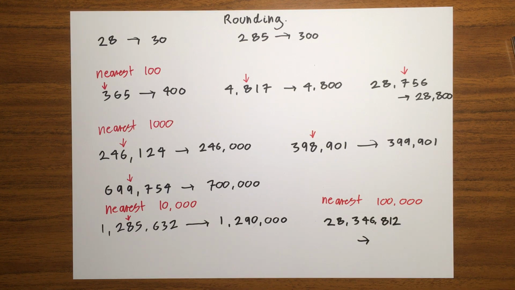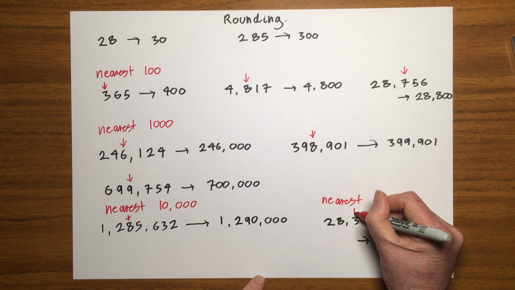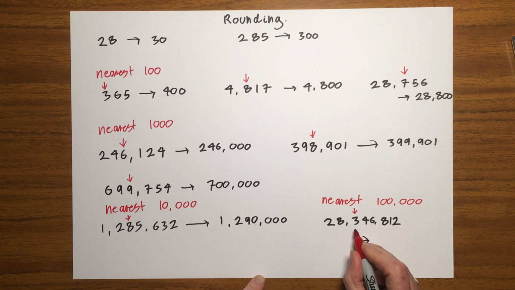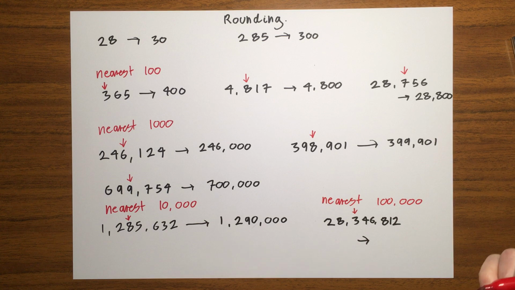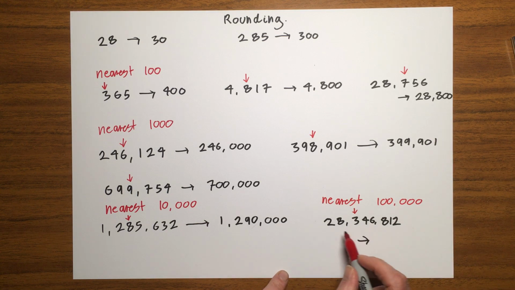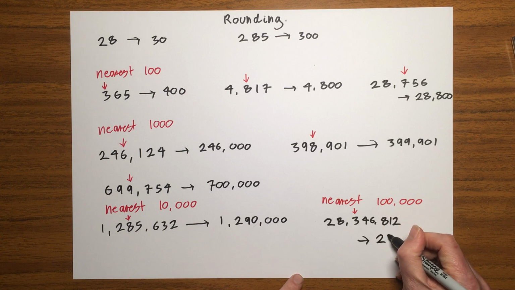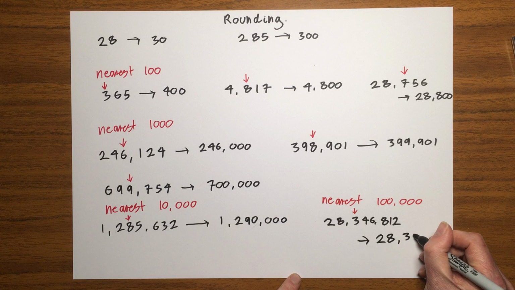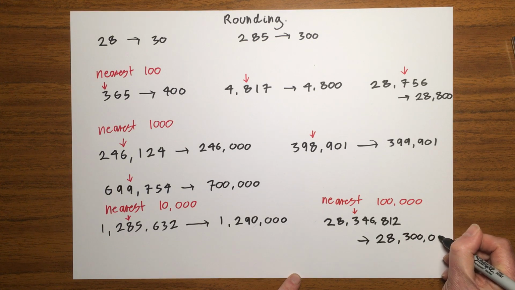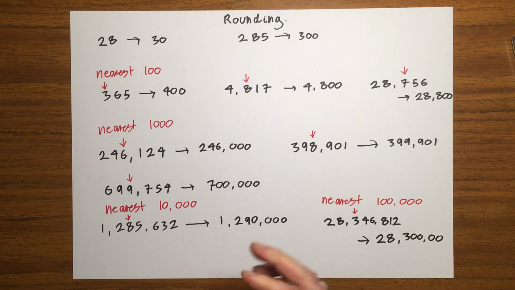Again, let's identify the nearest 100,000, which is here, 300,000. Look at the next digit, which is a 4. So it's not going to go up to the next 100,000, which would be 400,000. It's going to stay at 300,000 to give me 28 million, 300,000.